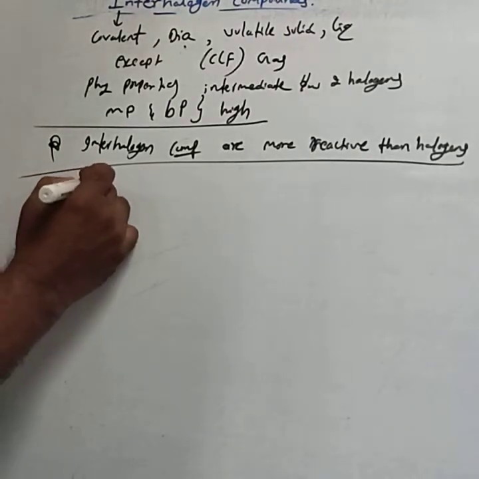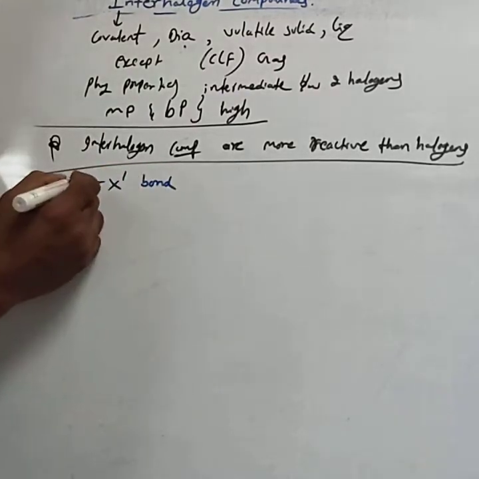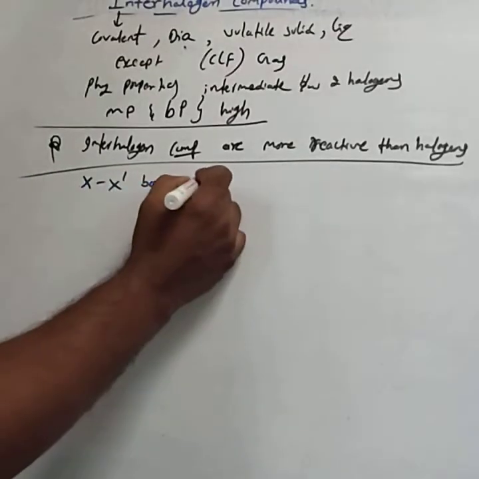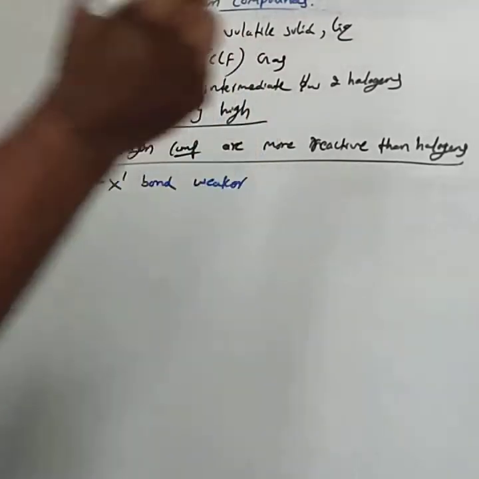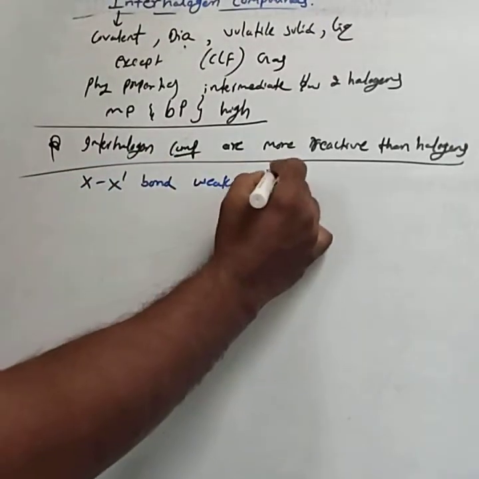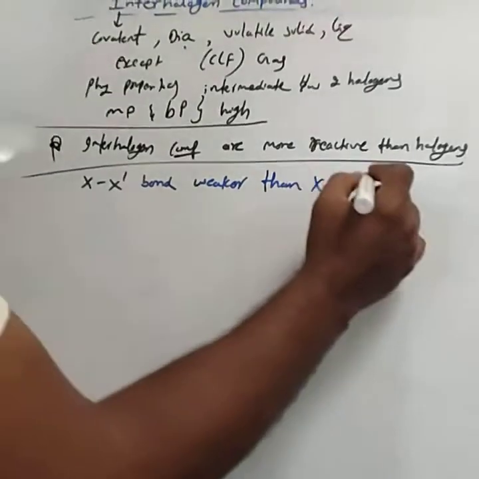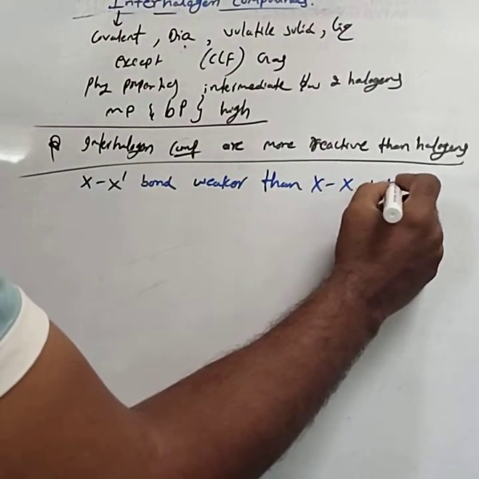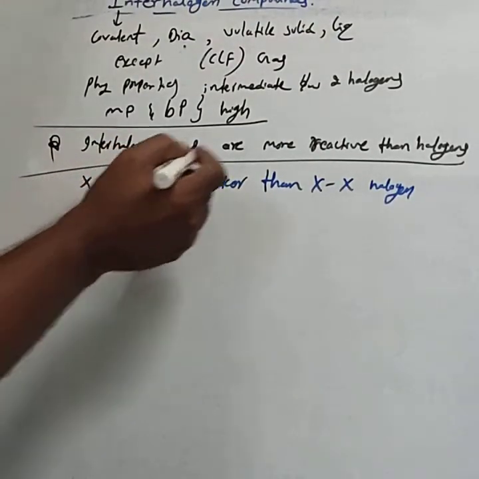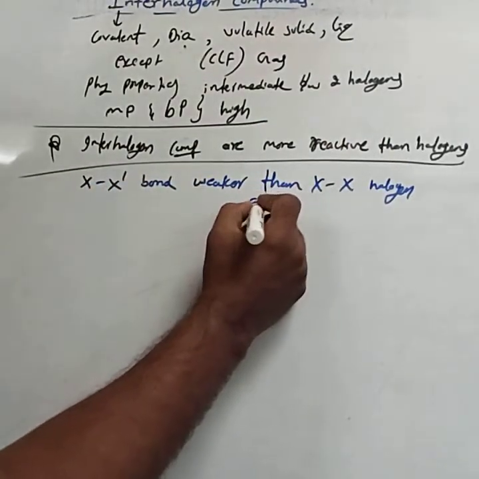Because the XX' bond in interhalogens is weaker than the XX bond in halogens, except the fluorine bond.